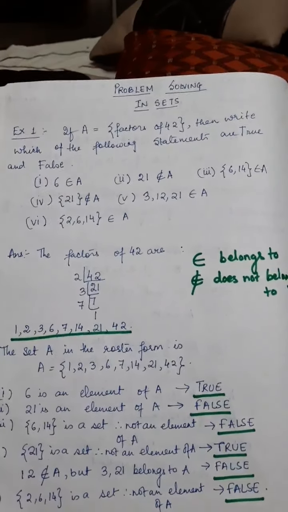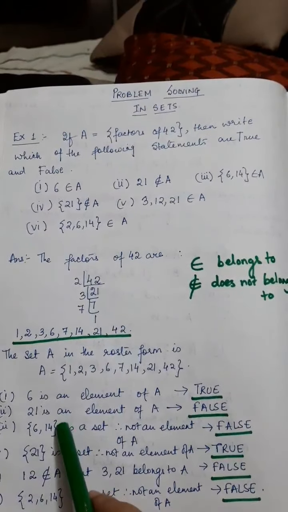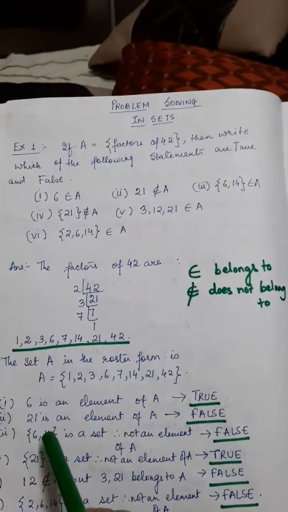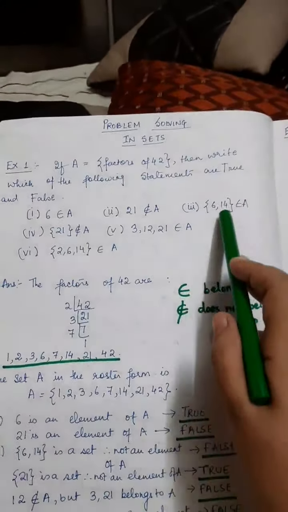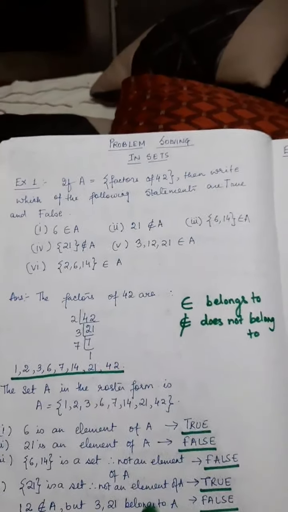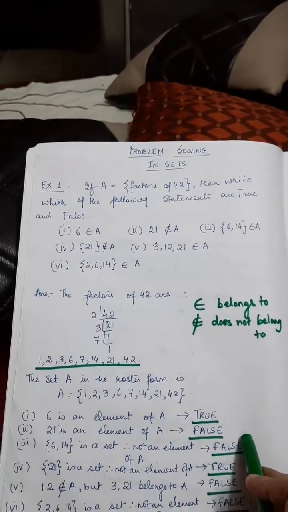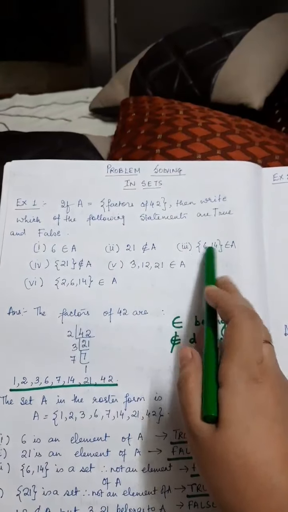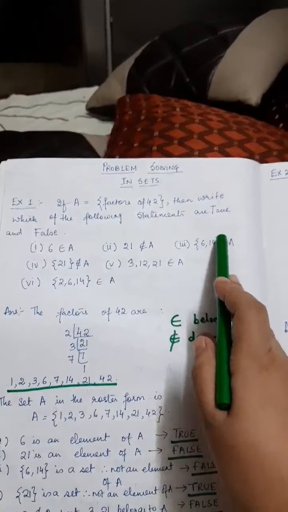Third one is set 6, 14 belongs to A. Now students, whenever you write the members in the form of a set, you already have a set A. So 6 and 14 are actually members, but what is given out here is actually a set. So the statement is false. I repeat once again, 6, 14 is given in the form of a set.